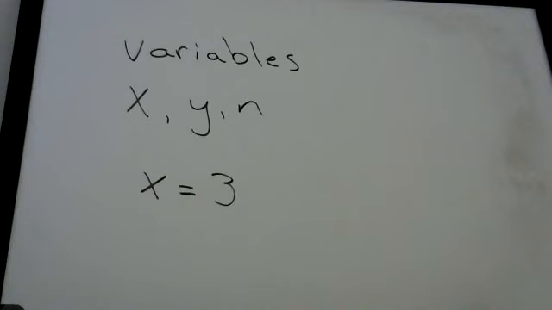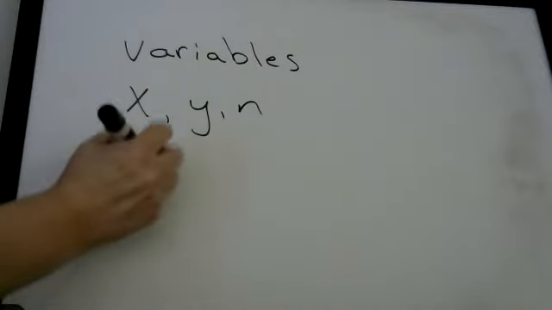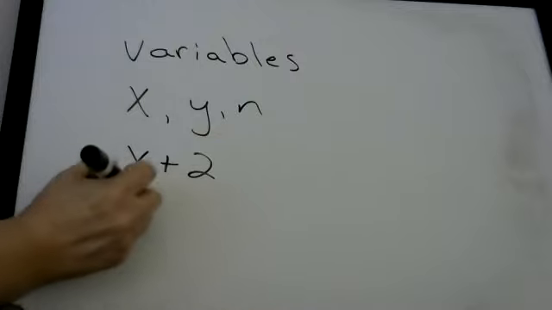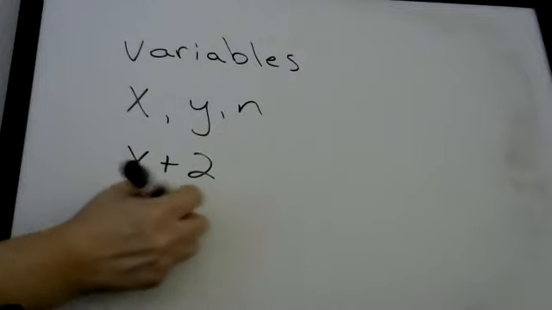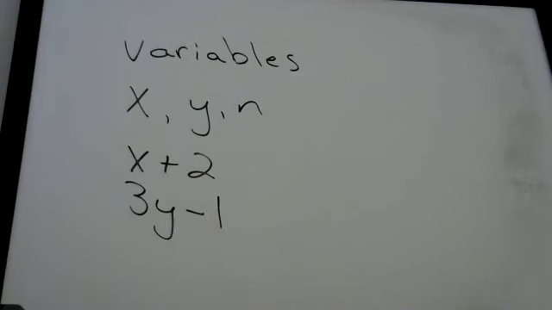So anything you can do with a regular number, you can do with a variable. So you can do x plus 2 or 3y minus 1. This means 3 times y minus 1. Anything you can do with a regular number, mathematically, you can do with a variable.